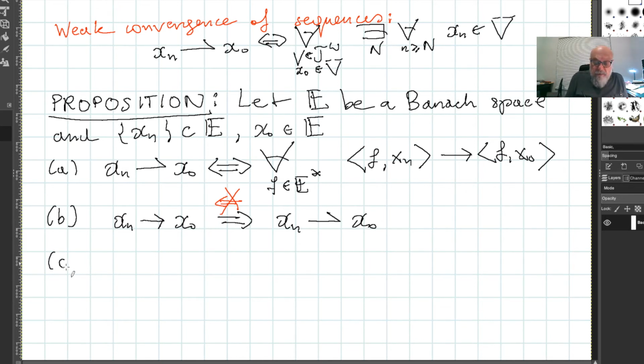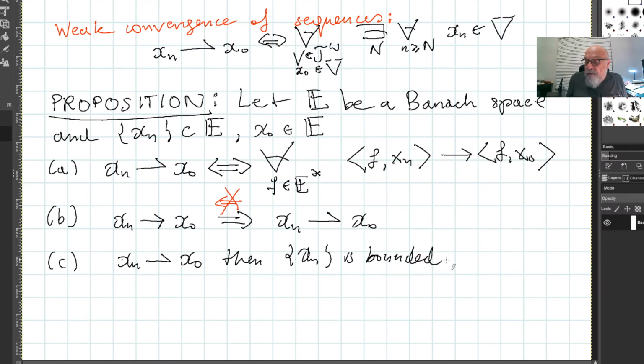And then C. If xn is weakly convergent, then xn is bounded. For example, the limit supremum of the norms of xn will be bounded.